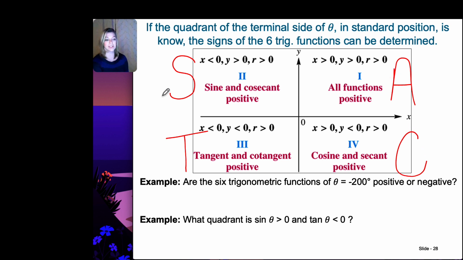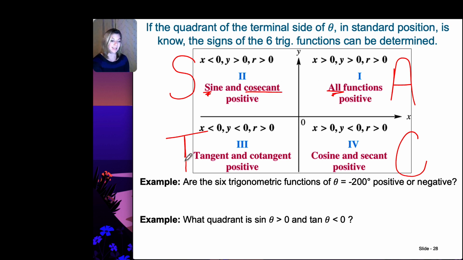So all students take calculus is one way that someone made up that has turned out to be very useful to help us remember that in quadrant 1, all functions are positive. In quadrant 2, S or sine and its reciprocal function cosecant are the only positive ones.